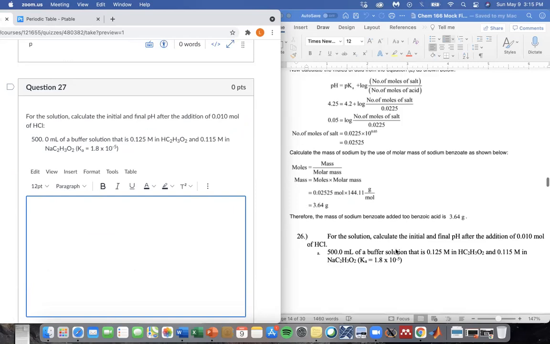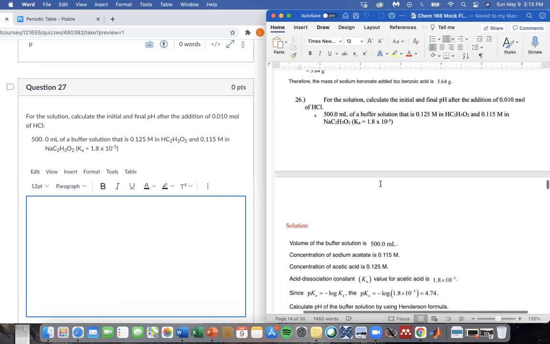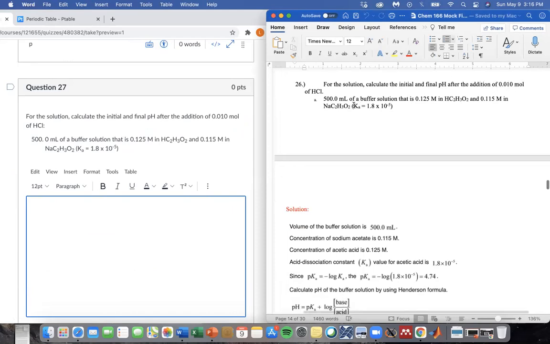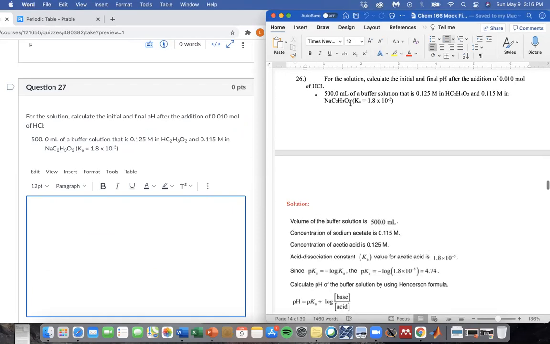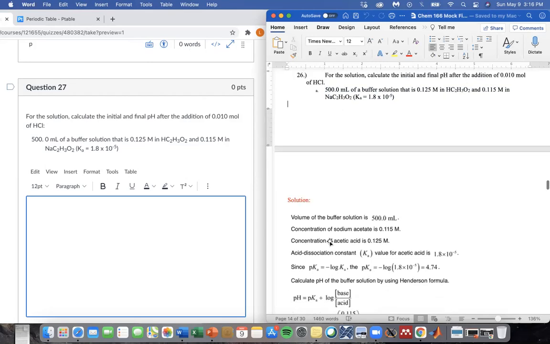So then we have to figure out the initial and final pH of a solution after adding in hydrochloric acid. In order to figure out the initial pH, you would just do a classic Henderson-Hasselbalch: pKa plus log of base over acid.